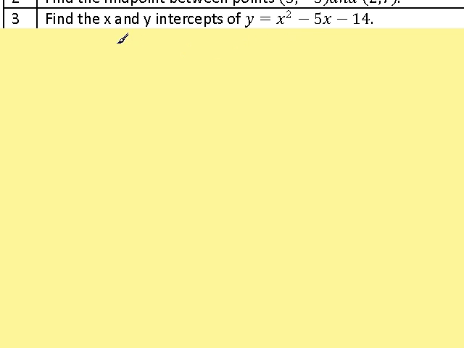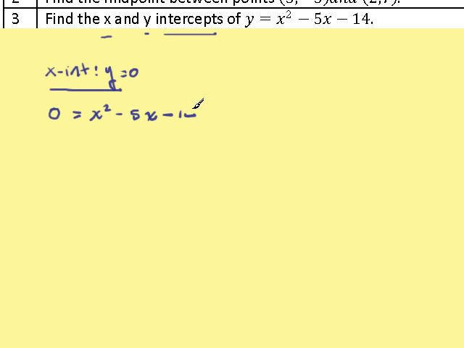Here we want to find x and y intercepts. So to find an x-intercept, we set y equal to 0. So there we would have 0 equal x squared minus 5x minus 14. Okay, so we're solving this quadratic.